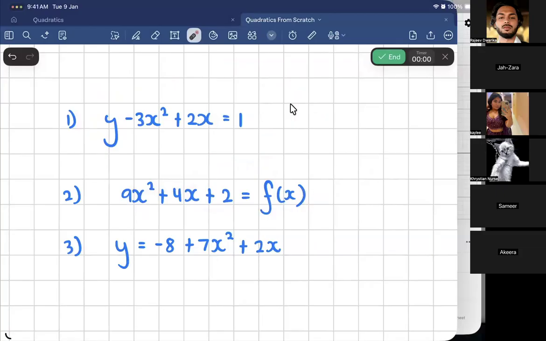In other words, you need to make y the subject of the formula. Y has to be the only thing on this side. But in this instance, is y the only thing here? No, sir. So you have to do what with the minus 3x squared?